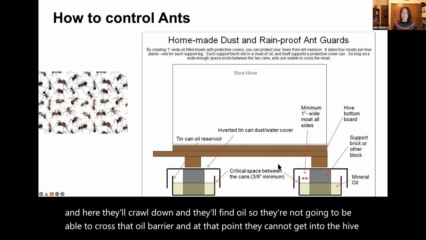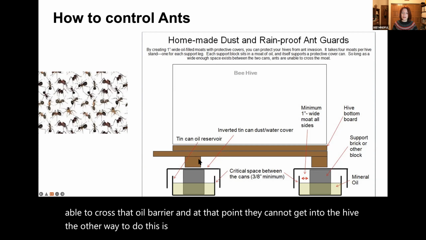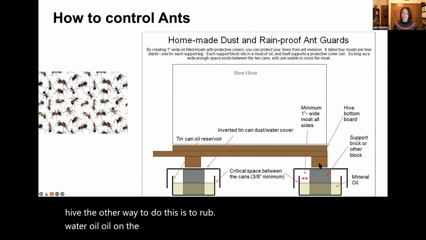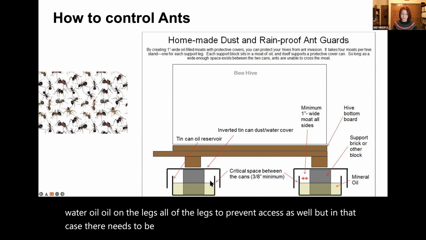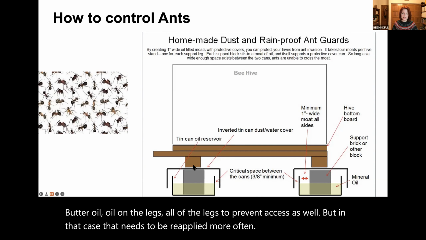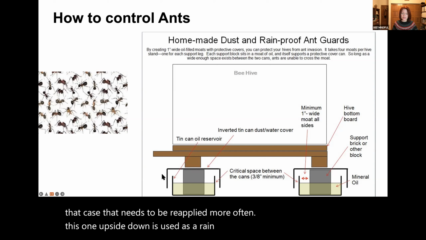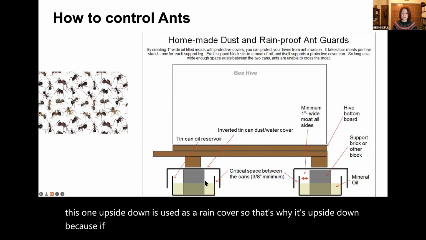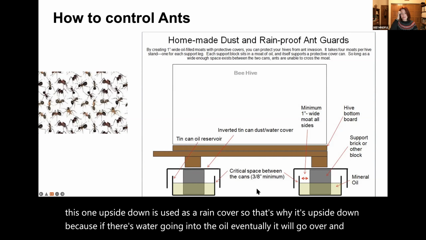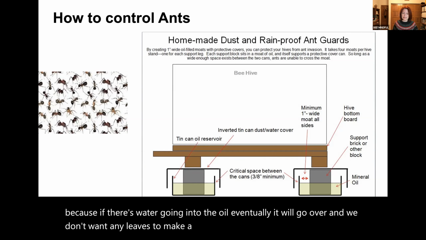The other way to do this is to rub motor oil on all of the legs to prevent access as well. But in that case, that needs to be reapplied more often. This one upside down is used as a rain cover, so that's why it's upside down, because if there's water going into the oil, eventually it will go over. And we don't want any leaves to make a bridge for the ants either.